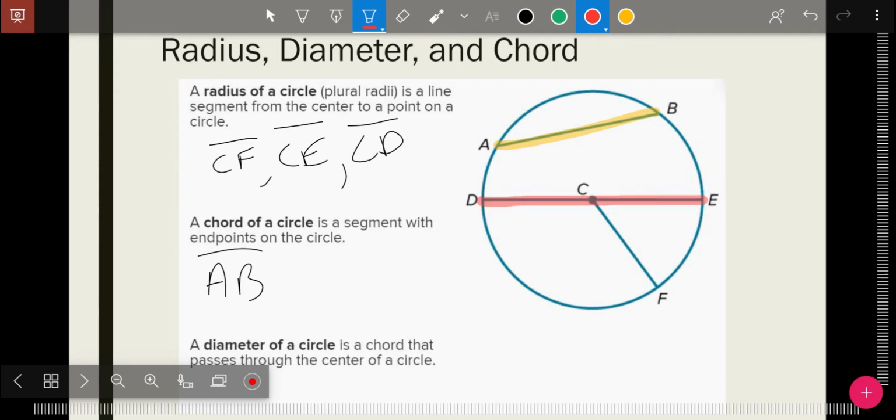It starts at D, ends at E. That's also a chord. DE, though, goes through the center. So a chord that goes through the center is a diameter. It's two radii, or it's the whole diameter. And so the diameter is DE, or you could say ED, segment, or in this case, chord. All right, DE is the diameter.